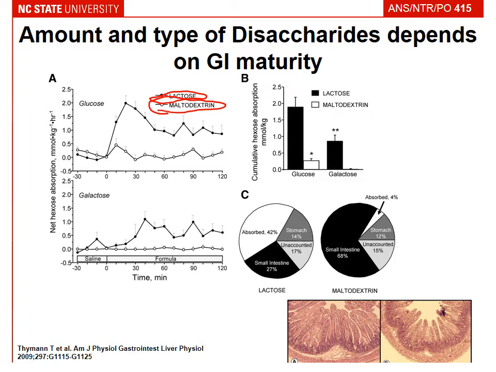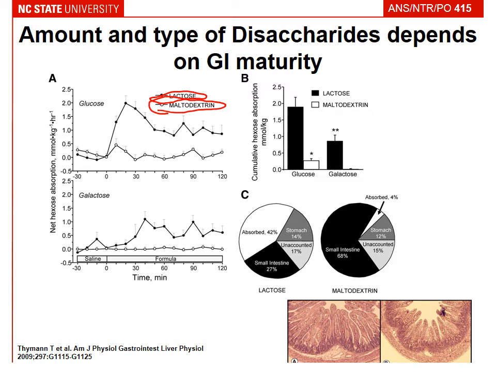So here we have, looking at the absorption of both glucose and galactose in these piglets, and we put them into two different groups. One group was given lactose as the main energy. So here we have lactose, and the other one was given maltodextrin, which is basically maltose.